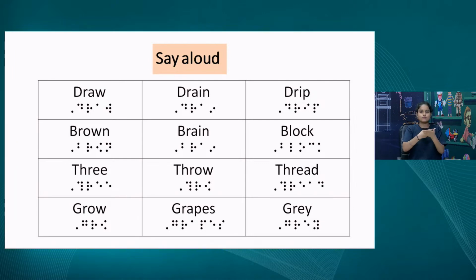Grow. G-R-O-W, grow. G-R-A-P-E-S, grapes. G-R-E-Y, grey. Let's do it together, a little fast. Draw, drain, drip, brown, brain, block, three, throw, thread, grow, grapes, grey.